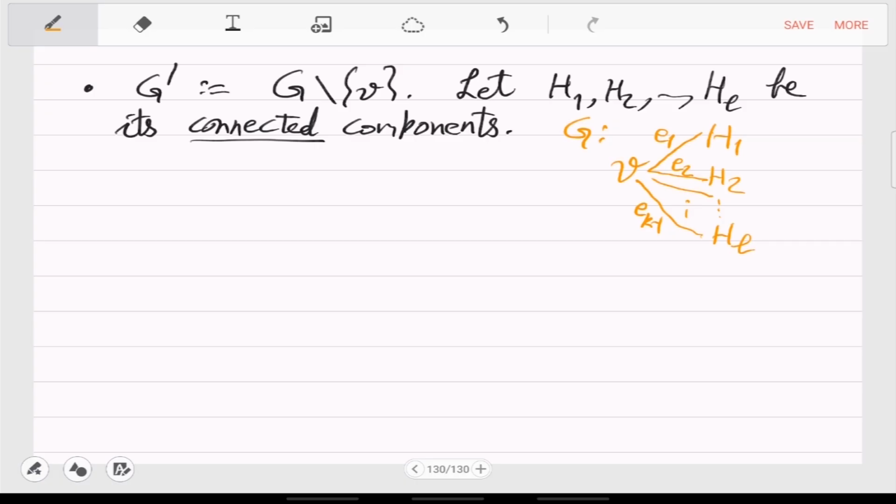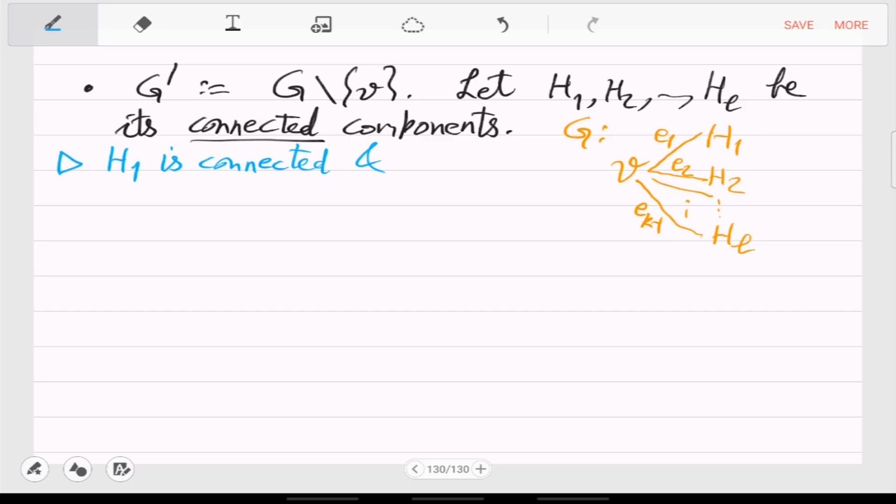How do you use induction? So what can you say about H1? Yeah, first of all, H1 is connected by definition. And what is the max degree of H1? That's again k.